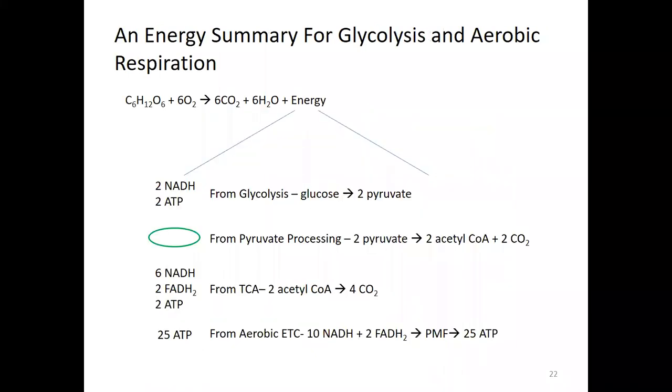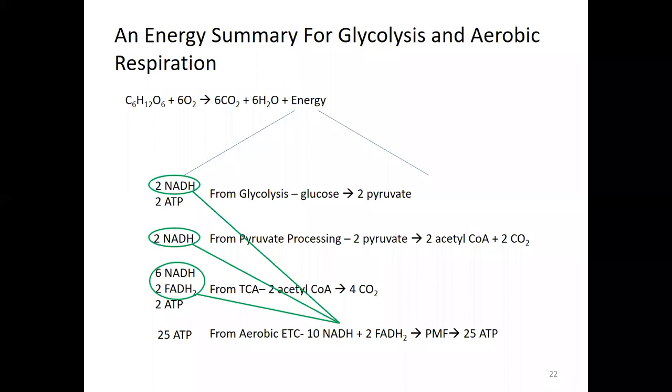So an energy summary for glycolysis and aerobic respiration. We're going to take glucose, C6H12O6, plus 6 oxygen, and break it down to produce 6 carbon dioxide, 6 water, and energy. The energy comes in the form of 2 NADH and 2 ATP from glycolysis, 2 NADH from pyruvate processing, 6 NADH and 2 FADH2 plus 2 ATP from the TCA cycle.